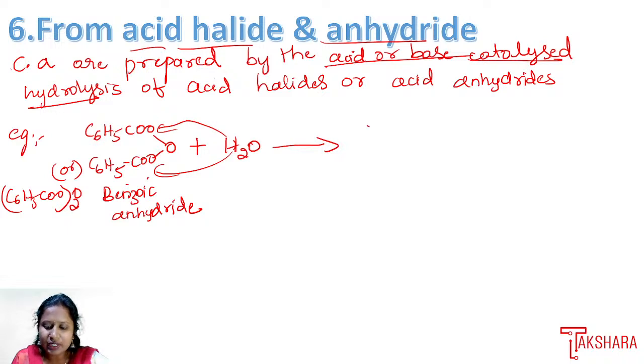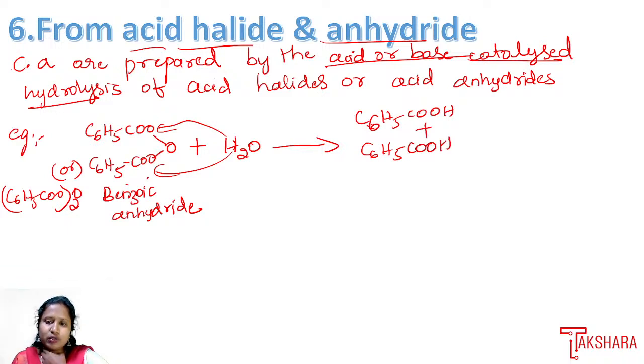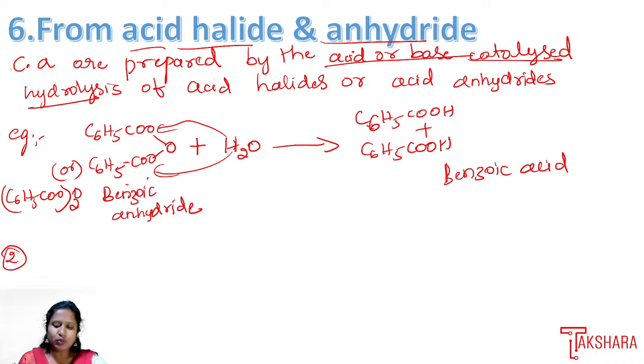So then we will get the product C6H5COOH and C6H5COOH. 2 moles of benzoic acid are going to form. So in this way by using acid anhydrides we can prepare what? Carboxylic acids.